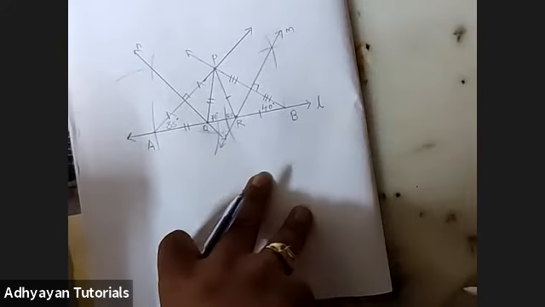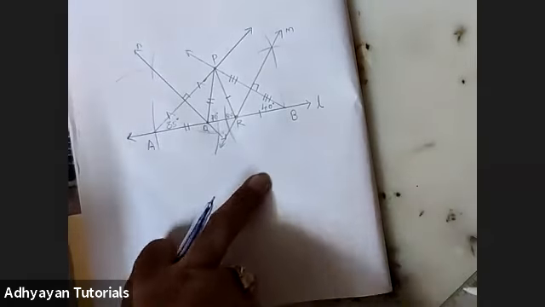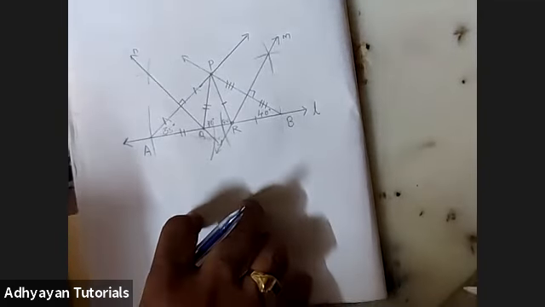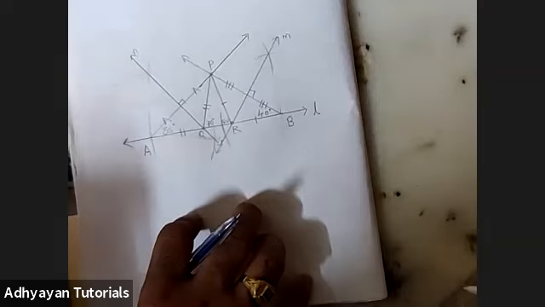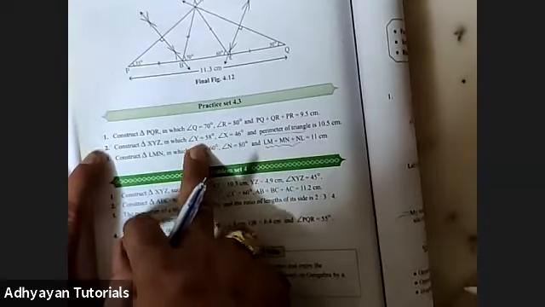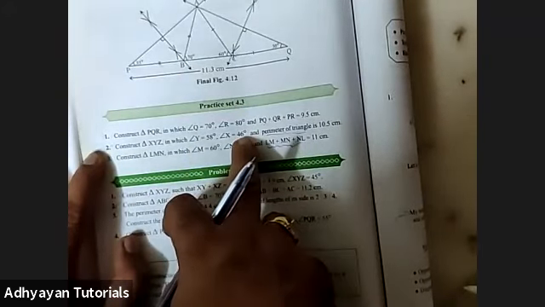Here is the main figure for the child who requested it. Yes, Meet, I would be starting with the next sum. Give me a moment. Yes, so we start with the next sum, children. Now, if I talk about question 2, it says, construct triangle XYZ in which angle Y is 58 degree, angle X is 46.